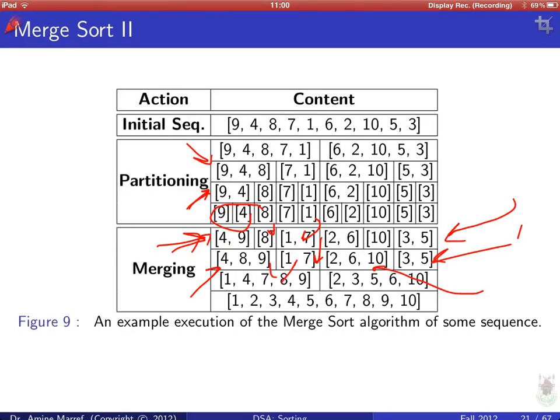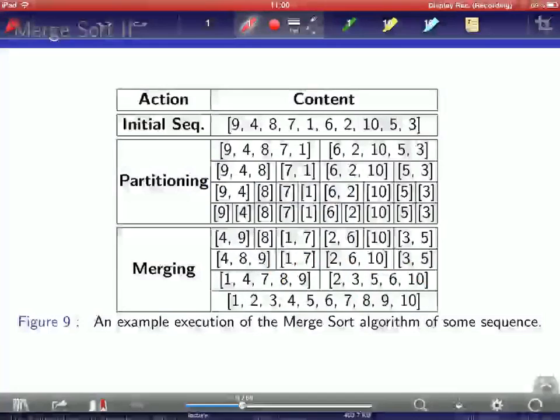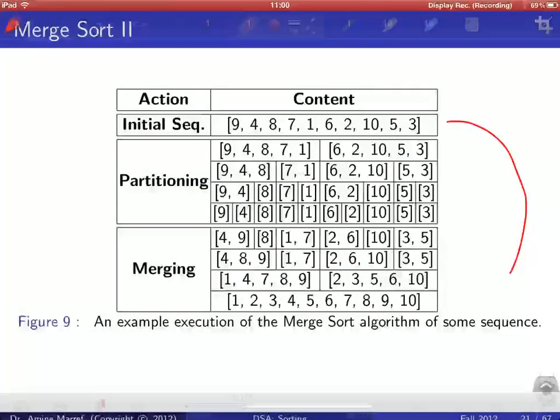So the input to this merging operation is 9 and 4. Both are sorted, and the merging operation gives us a sorted sequence. And then the input to this merging is 4, 9, which is sorted, and 8, which is sorted. And then the input to this merging operation is 4, 8, 9, which is sorted, and 1, 7, which is sorted.